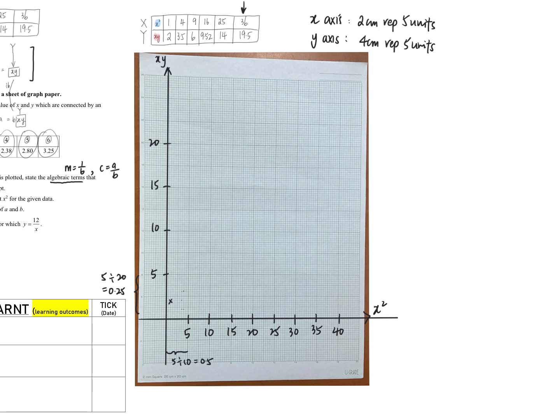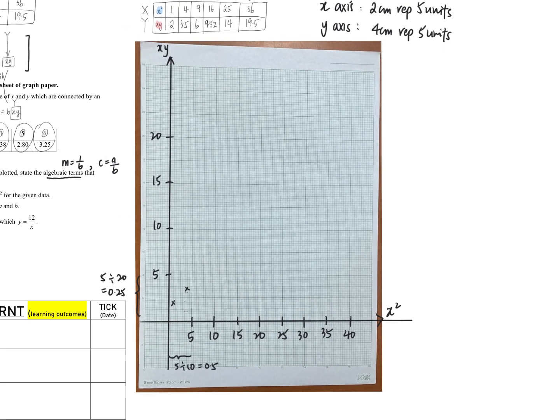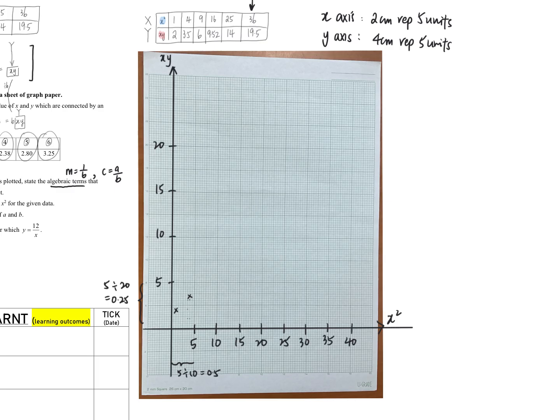Just plot carefully. So 9 is 2 blocks away. Go to 6, so probably here. For the vertical axis, every 4 blocks is 1. For the horizontal axis, every 2 blocks represents 1. So it's easier for you to calculate like that.